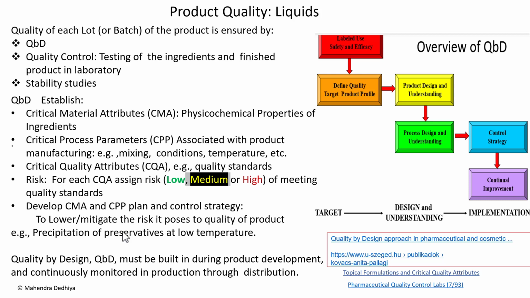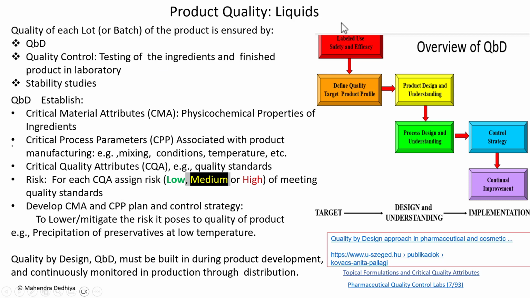For example, in an earlier submodule, we looked at precipitation of proteins in the presence of salt. Similarly, preservatives can precipitate at lower temperature. This involves the critical material attribute, CMA, of the preservative, and the storage temperature. QbD, quality by design, must be built during product development and continuously monitored in production through distribution.